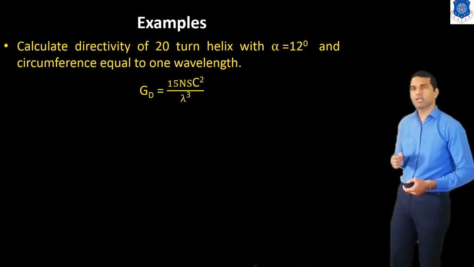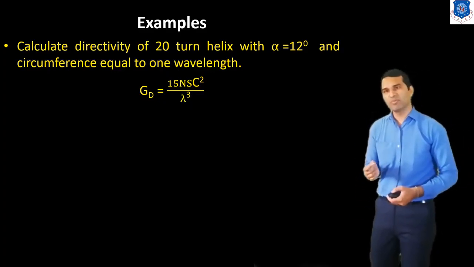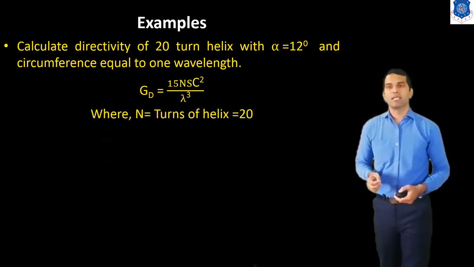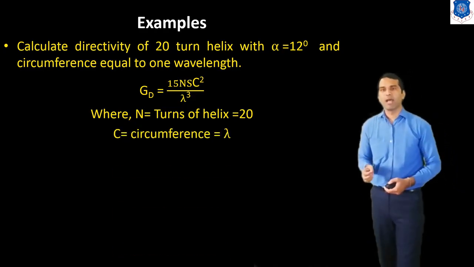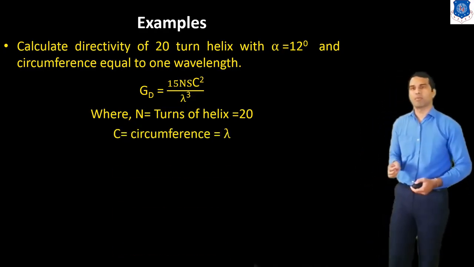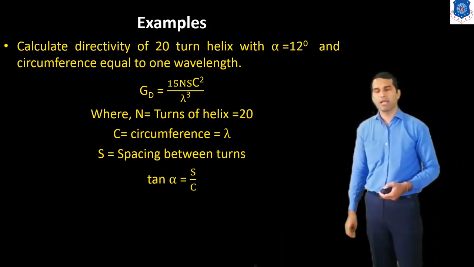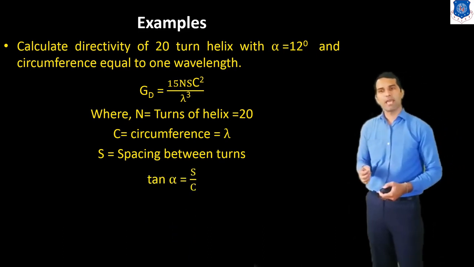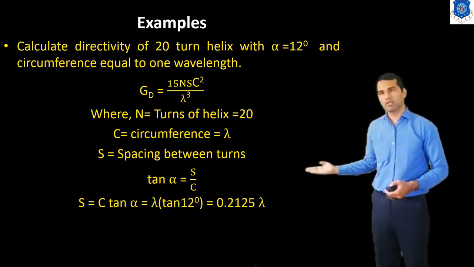So we have to calculate the directivity, and the equation for this is the directive gain GD equals 15 NSC square upon lambda cube. Here N, the turns of the helix, is 20, and the circumference is given as lambda. And the spacing between the turns S is indicated, and we have tan alpha equals S by C. So we can calculate the value of S from this equation.